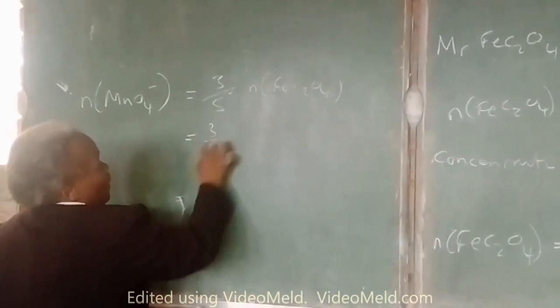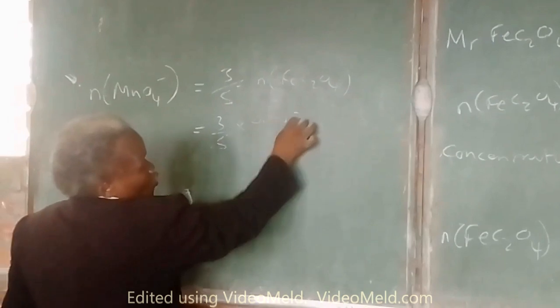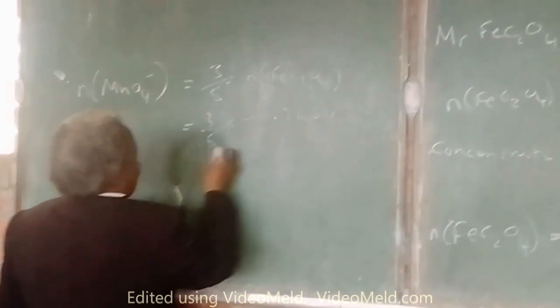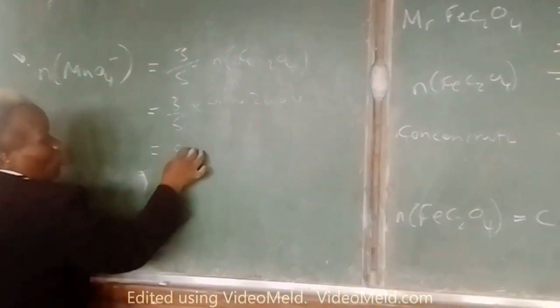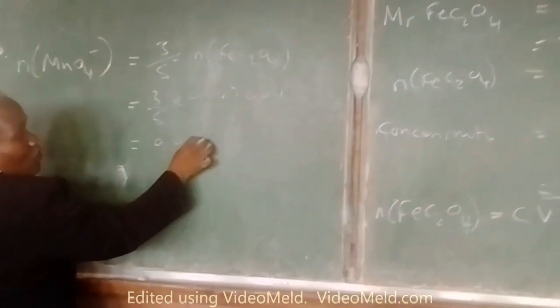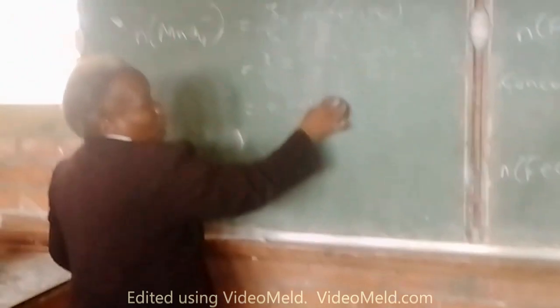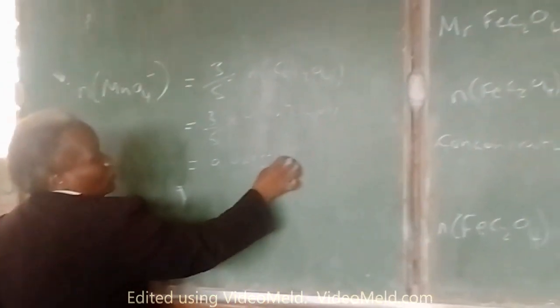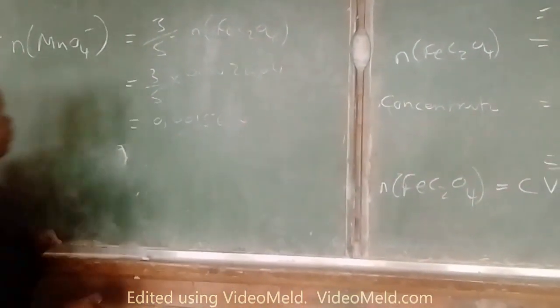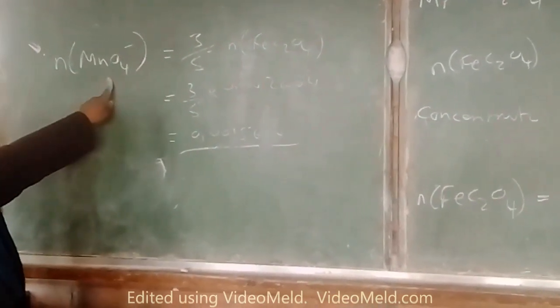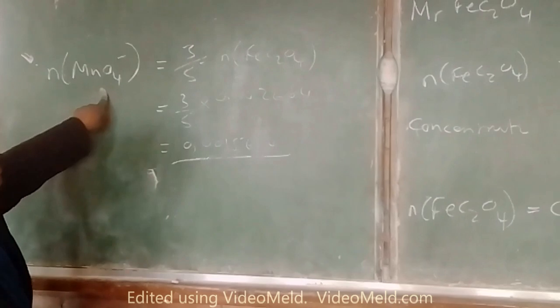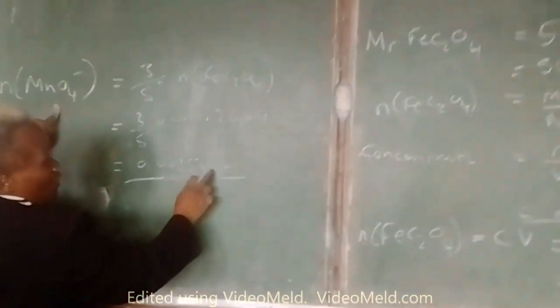Please perform this one. So 3/5 times 0.002604, and we get 0.001562. Okay, so these are the number of moles of the permanganate, correct to 4 significant figures. 1, 2, 3, 4.